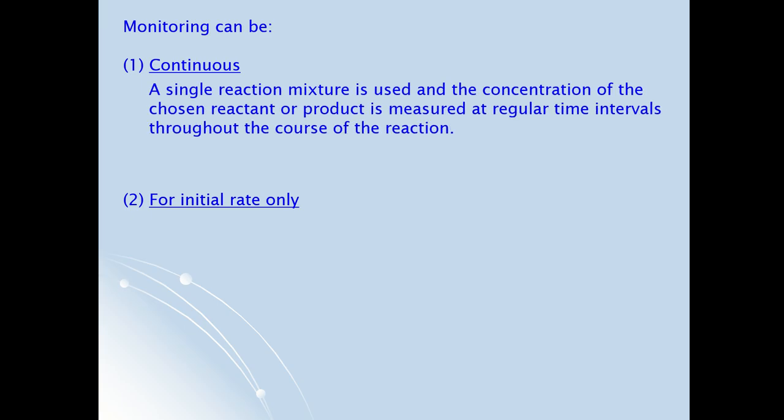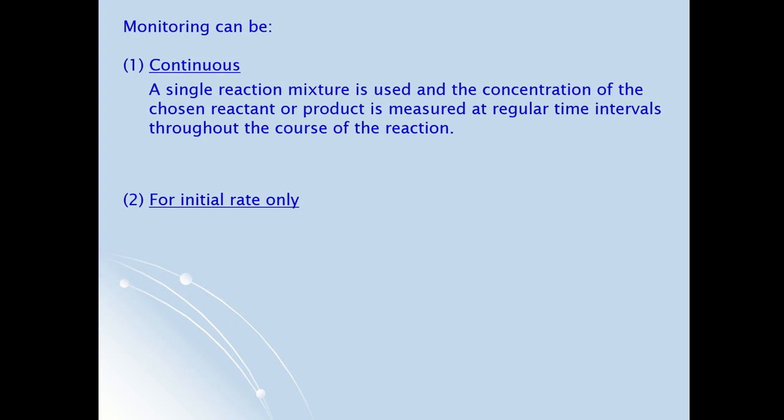So with a continuous one, which is the one you're most likely not to have done, you basically take a single reaction mixture, and the concentration of whatever your chosen reactant or product is in that, and we've looked at the methods and the reasons why we might choose a particular reactant or product to measure on the last couple of slides.